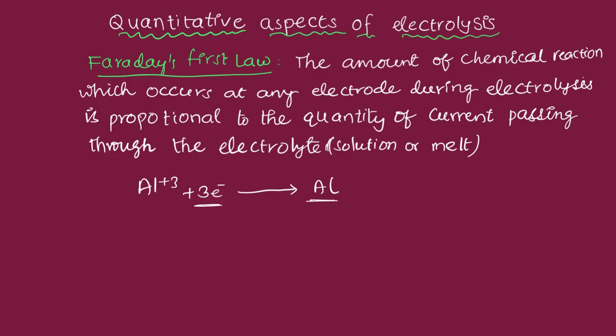Three moles of electrons is called 3 Faraday. So 1 Faraday is equal to 96,487 coulombs per mole.